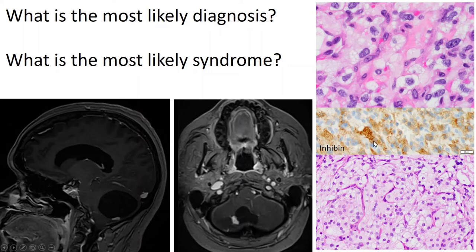And then they are classically, characteristically positive for inhibin alpha. So if you just block out everything on the left side of the screen and just focus on what's on the right side of the screen, you should be able to make a diagnosis of hemangioblastoma. We have these cleared cells with lipid-filled cytoplasm, and they're positive for inhibin. Very classic. So the diagnosis here is hemangioblastoma.